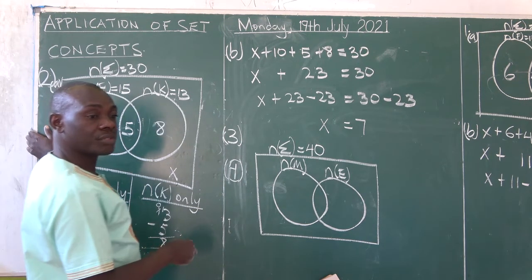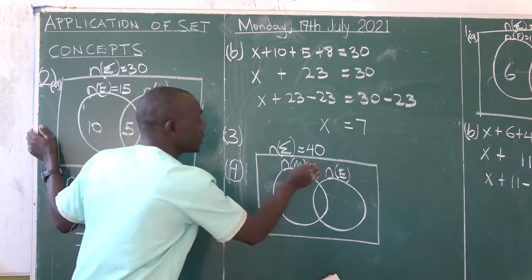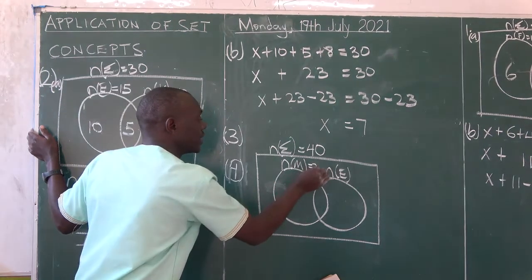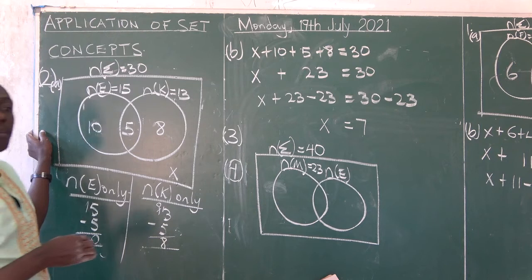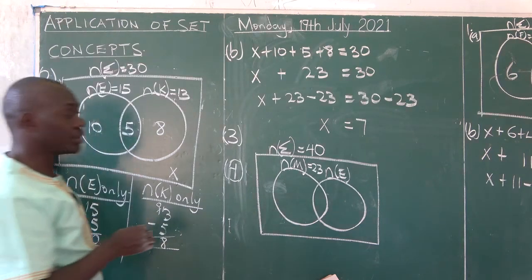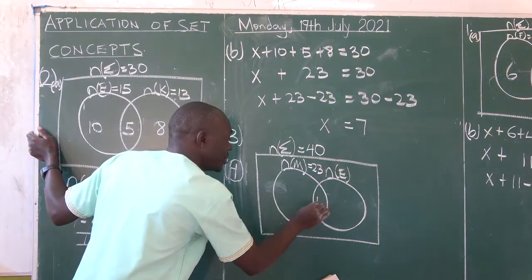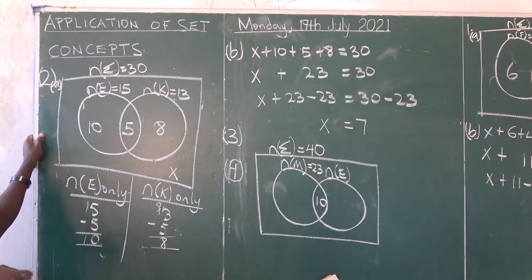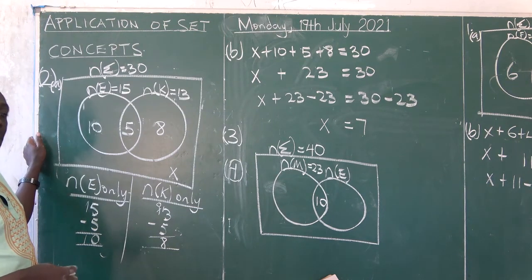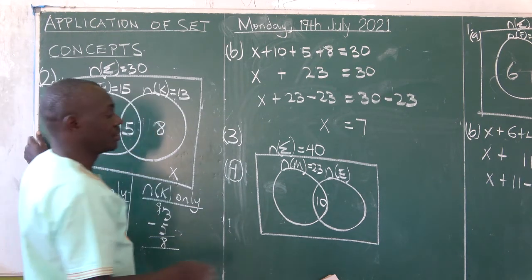40, so 23 like math M, so right here 23, that is about math. 10 like both, that is the intersection part. Put in the 10 and then continue reading. X like English only, only English.